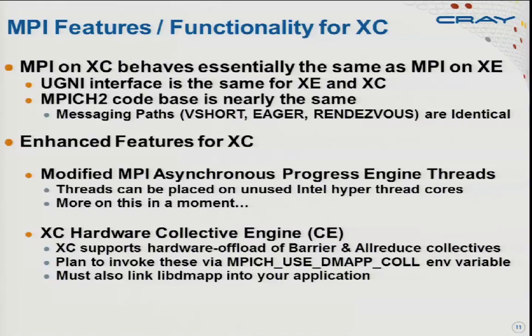On Rosa, you actually had to carve out an unused CPU by doing core specialization. But on Cascade, they will automatically use the hyperthread cores if you're in J1 mode, single stream mode. Remember, in single stream mode you're only using half of the hyperthreads. So this was designed to automatically use the other half just by setting the environment variable. I have another slide on it in just a second. So this is going to be good.